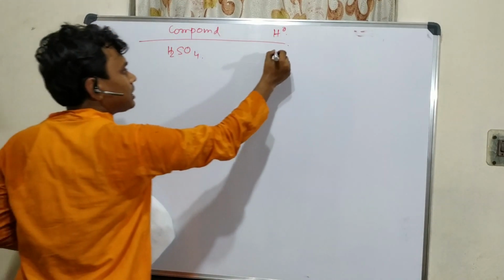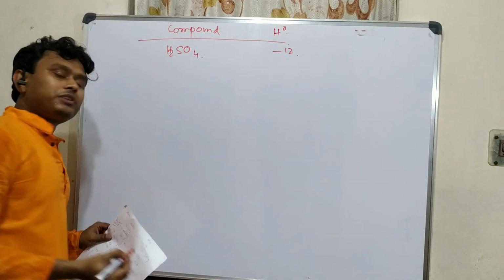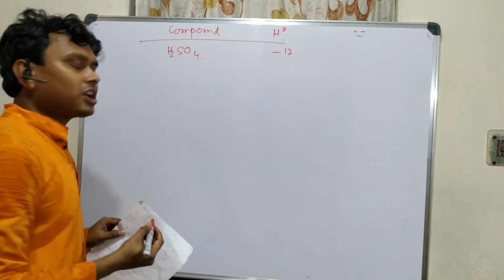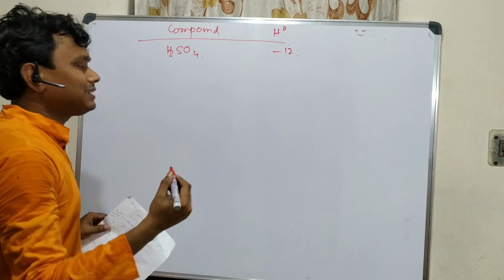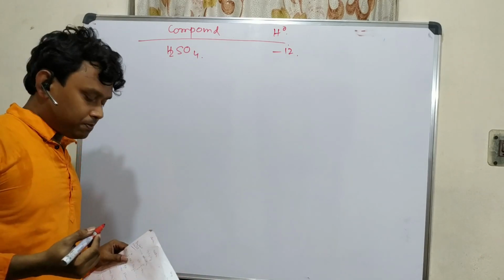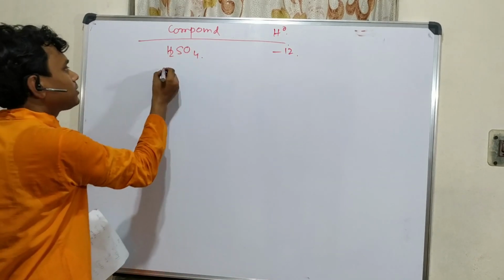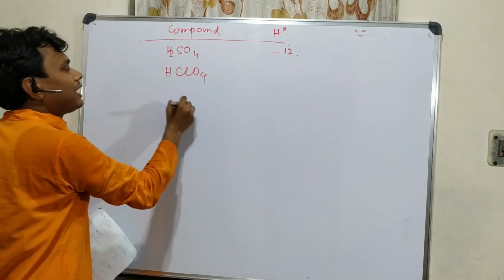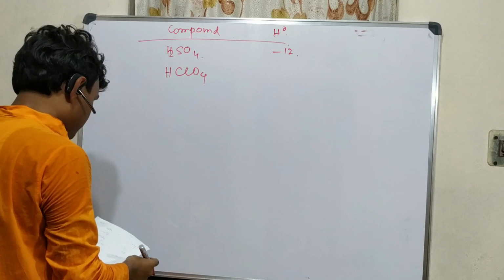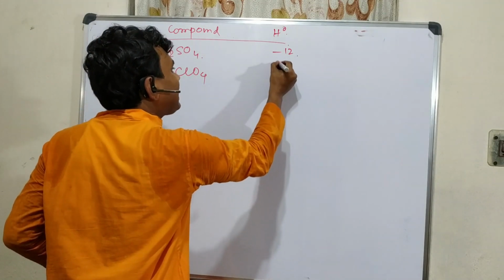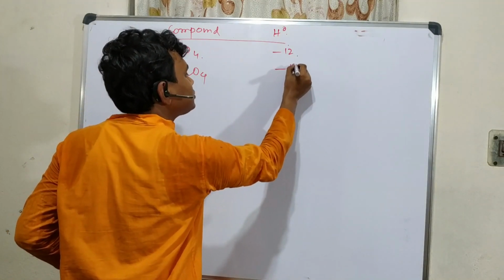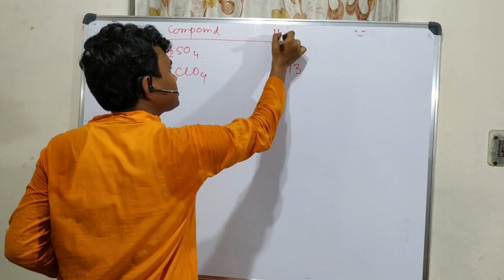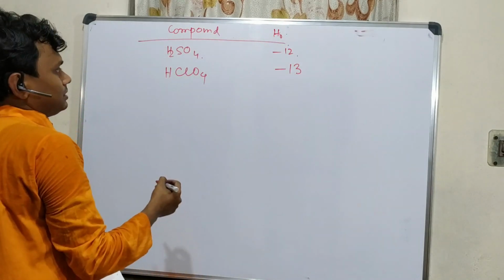Its H0 value is around -12. From textbook chemistry, you know that perchloric acid is stronger than sulfuric acid and protonates sulfuric acid. So next is perchloric acid, and its Hammett acidity function H0 is around -30.